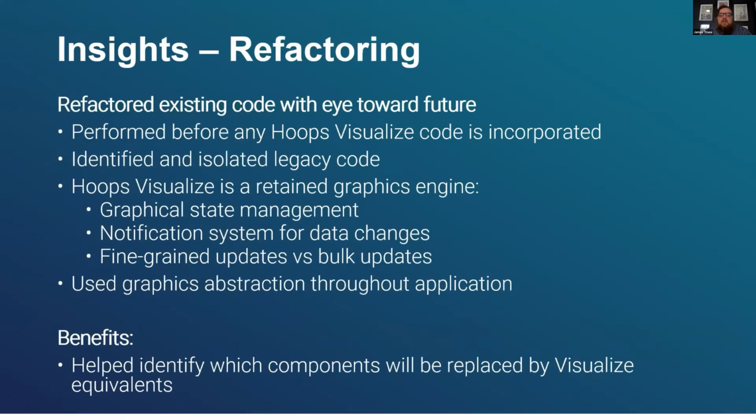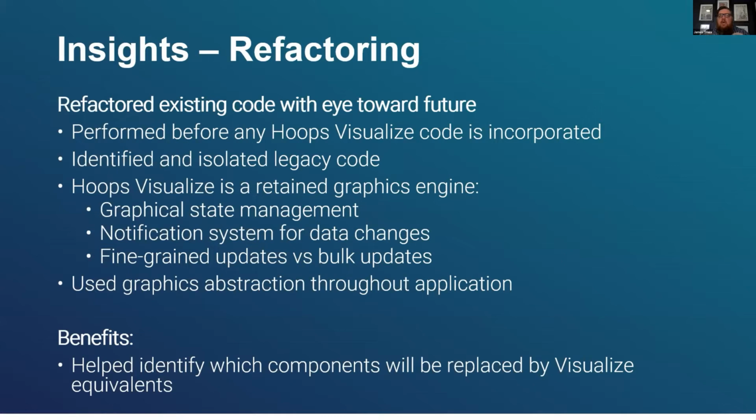Specifically with refactoring, before we even started the project, we had this idea to refactor the code with an eye toward the future. Before we integrated any Hoops Visualize code, we needed to identify and isolate that legacy code so that we could identify which pieces were going to get displaced by the new Hoops APIs. It also forced us to look into how we were managing our application and how we were managing that graphical state.